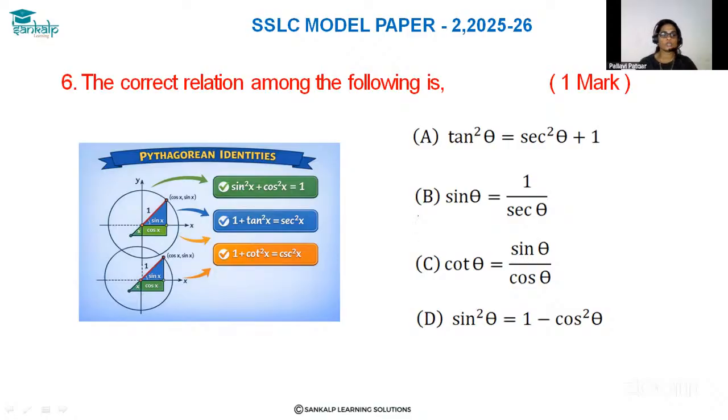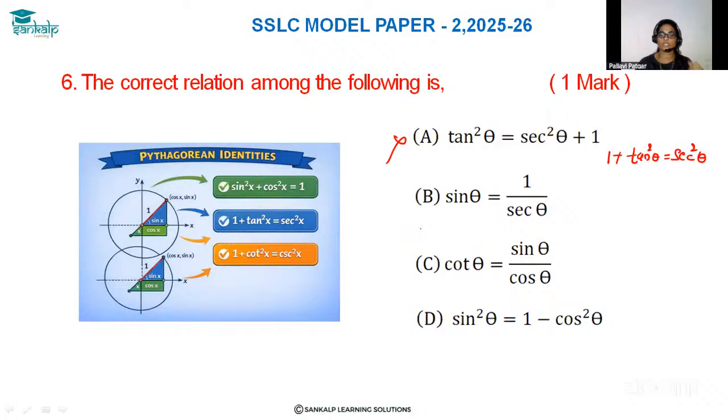So here the first option A, tan square theta is equal to secant square theta plus 1. Here A is incorrect. Why? Here the identity is 1 plus tan square theta is equal to secant square theta.